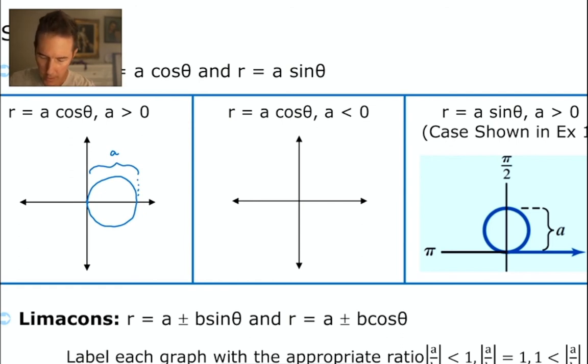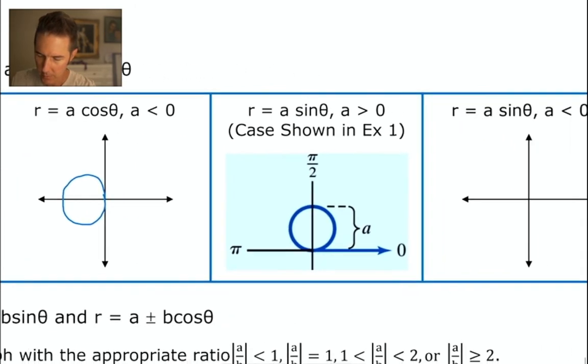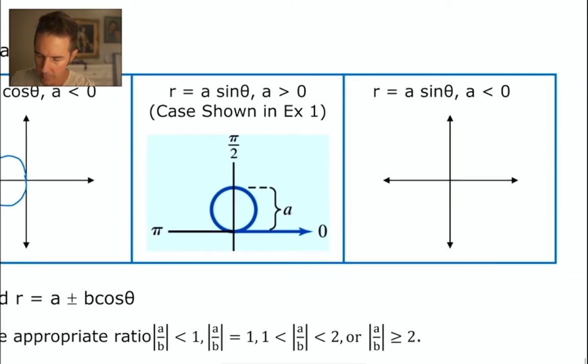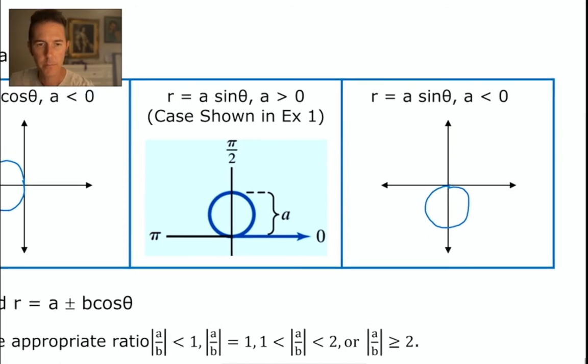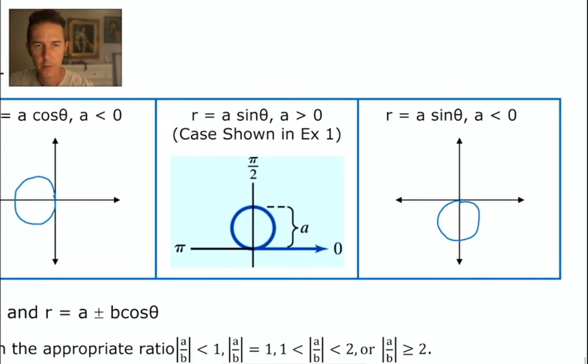For cosine, where a is negative, our circle is going to appear to the left of the pole. For the sine function, when it's positive, we're above, and for sine, when the coefficient is negative, the circle resides below the pole.